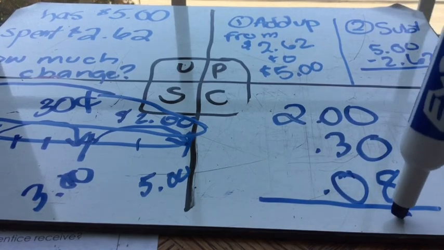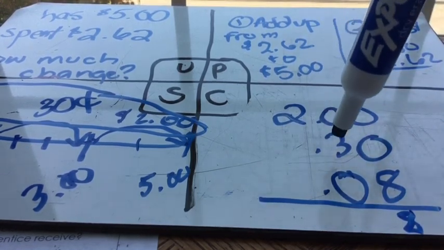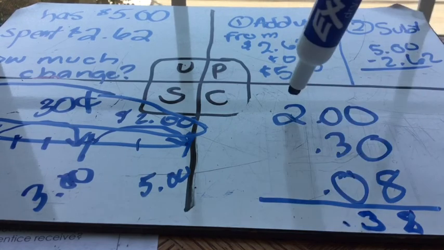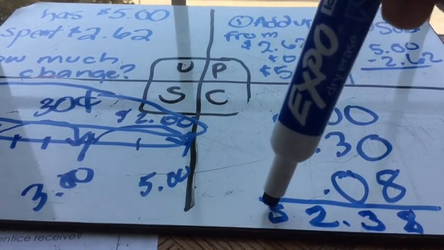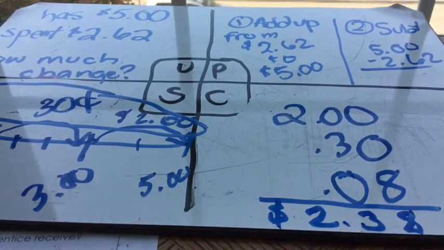So 8, 3 and 0 is 3, 2 and nothing is 2, so we should still get the answer $2.38. We haven't gone over how to subtract backwards on a number line, so we're not going to check that.